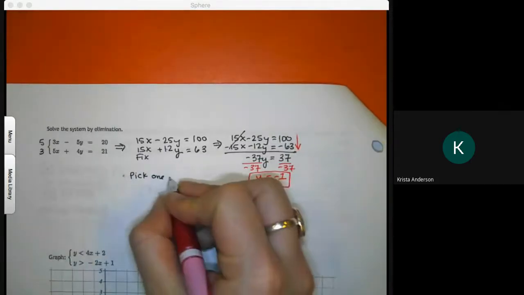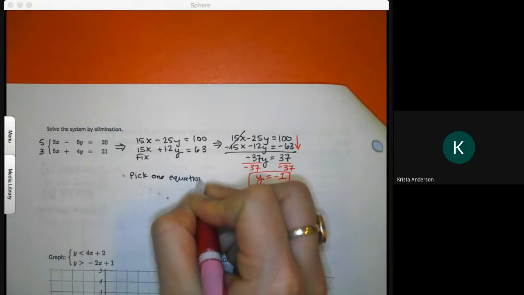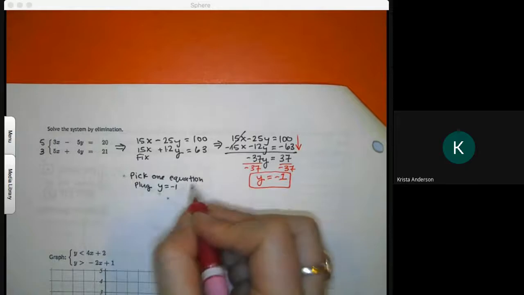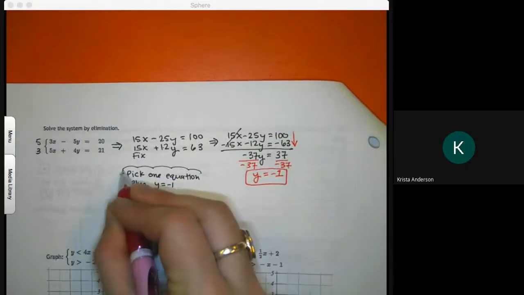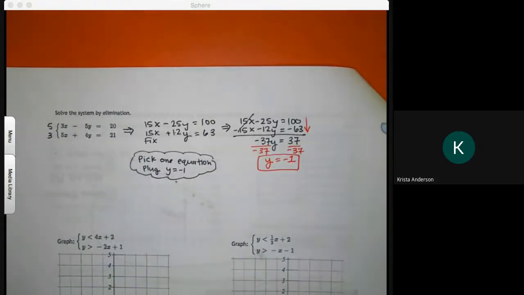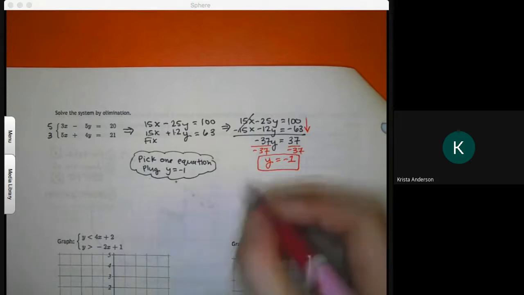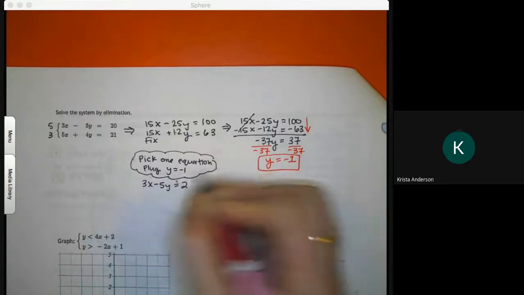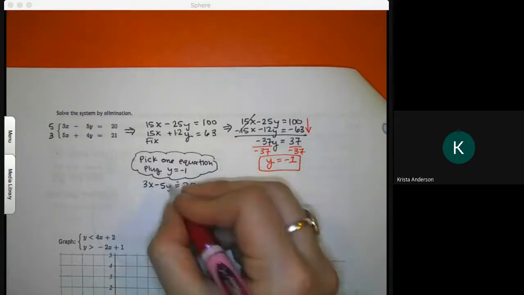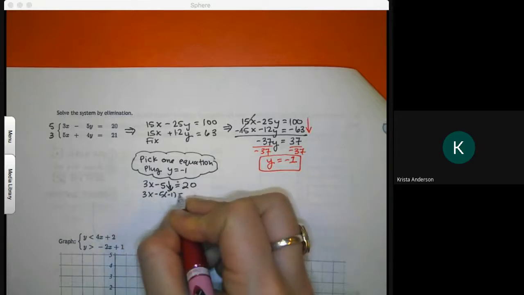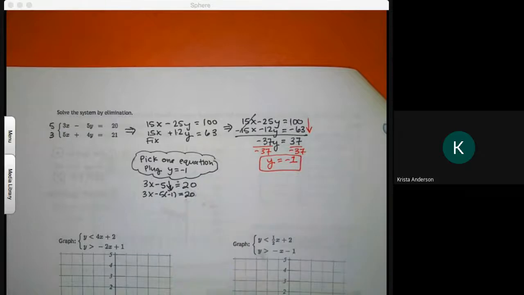Pick one equation and plug negative 1 in for y. Which equation looks easier to you? 3x minus 5y or the 5x plus 4? 3x minus 5y equals 20. When I plug that negative 1 in, what's 5 times negative 1?